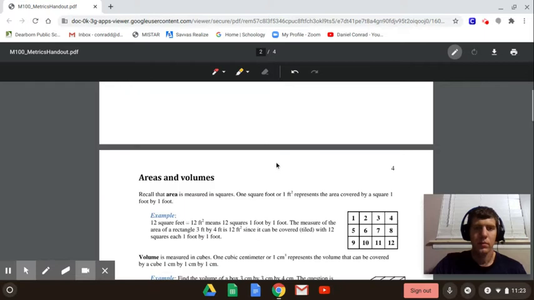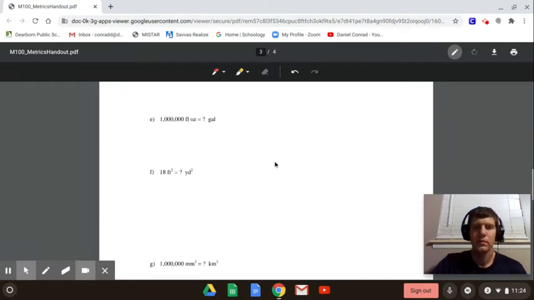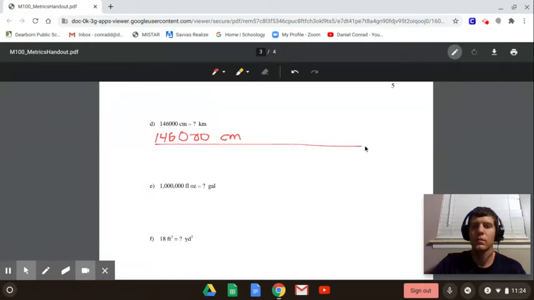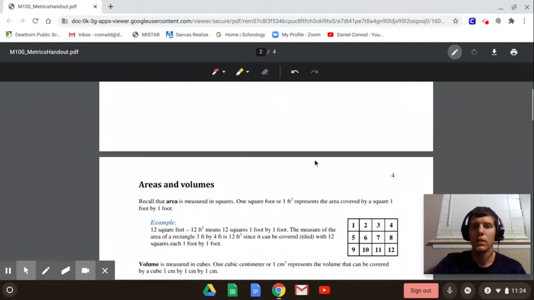All right, the next one I want to try is D. You have 146,000 centimeters, so that's what we're starting with. This one you're going to have to do in 2 different steps, because if you know it, you can do it in 1 step, but if you don't know it, we have to do it in a couple different steps.